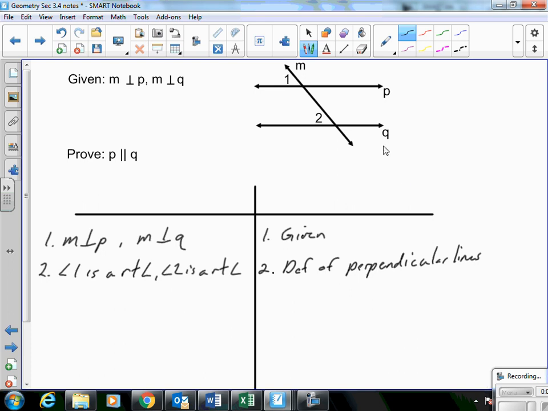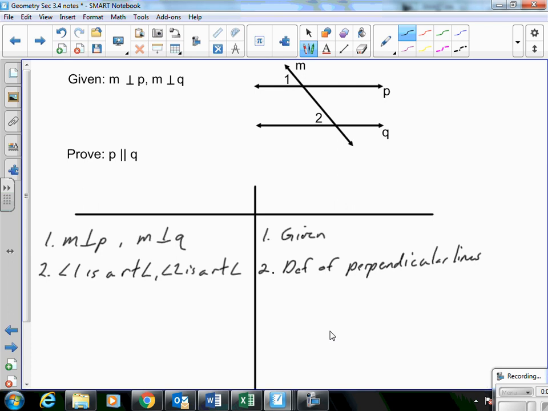Another reason we could have used instead of the definition of perpendicular lines is a postulate that we learned last week that said if two lines are perpendicular, then they form four right angles. So we could have used that postulate as well, but the definition of perpendicular lines works fine here.